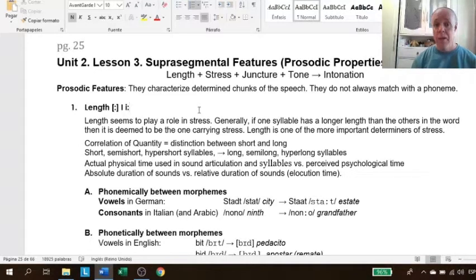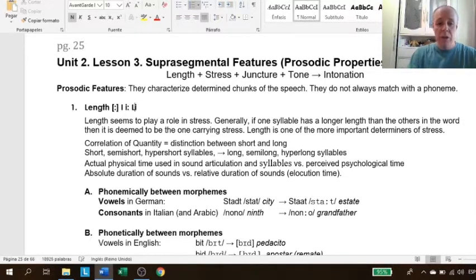Therefore, we need to ask ourselves, is this a phonemic or a phonetic feature? Remember, phonemic feature comes from the word phoneme. Phonemes change meaning. Phonetic feature comes from allophones, from phonetic transcriptions. They don't change the meaning. So, is length in English a phonemic or a phonetic feature?